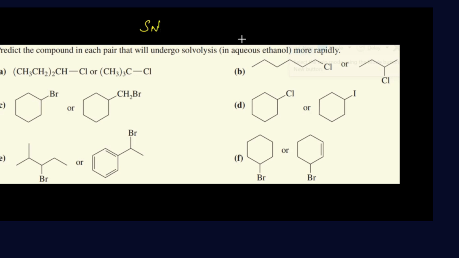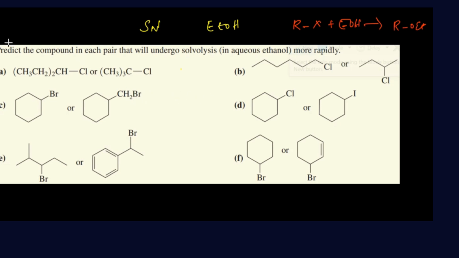Here ethanol is used as a solvent that acts as a nucleophile, and the leaving group will be substituted by the ethoxy group, OEt. So I write it simply: ethanol by SN1 mechanism gives OEt plus the leaving group.